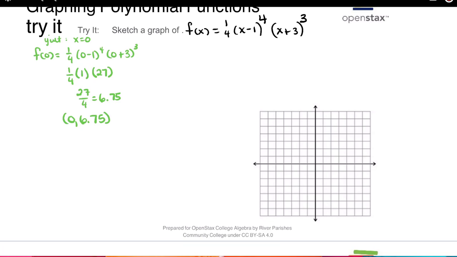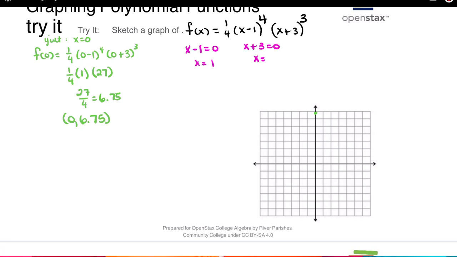So I'm going to go ahead and plot that. 0, up 1, 2, 3, 4, 5, 6.75. So somewhere in there. So now to find the x-intercepts, we just take each factor and set them equal to 0. If we add 1 to both sides, we get 1.